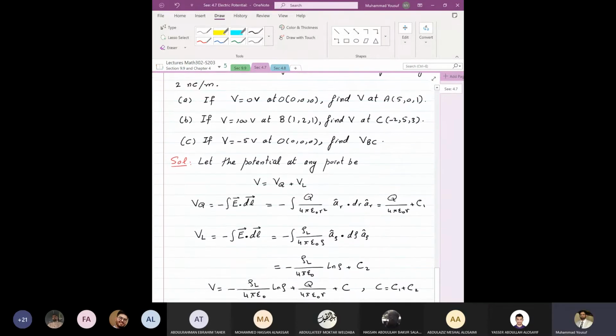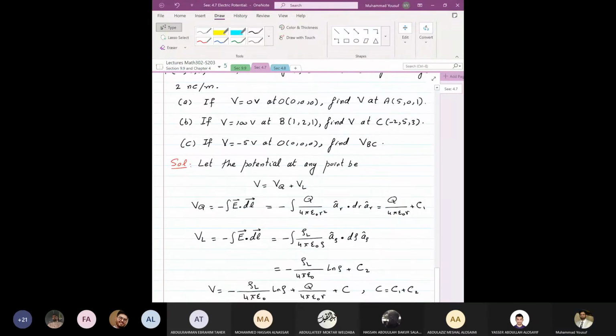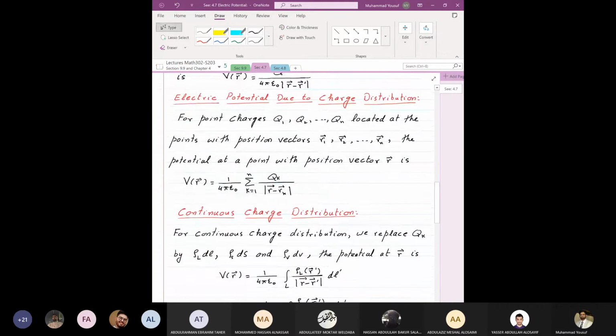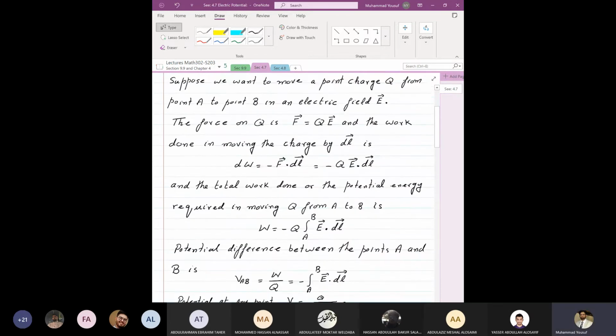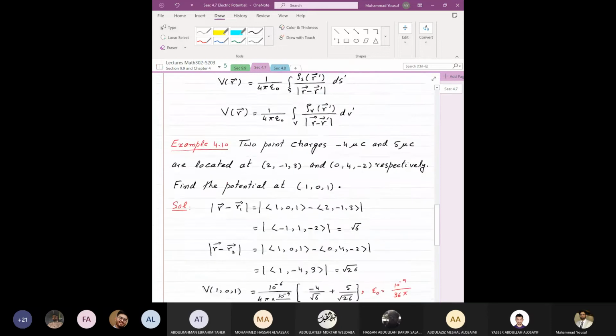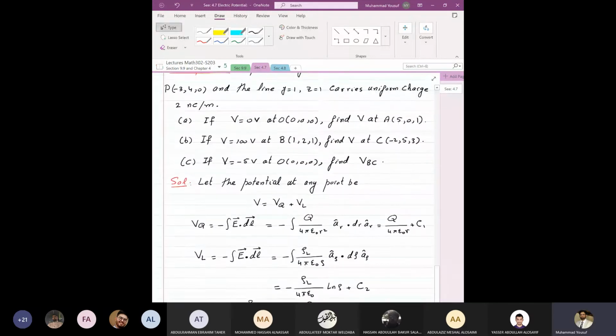Now, here we have this formula. Let the potential at any point be V equal to VQ plus VL. VQ is for the point charge, VL is for the line charge. And it is equal to minus the integral of E dot dl. We have seen it before. Now we have a continuous line.